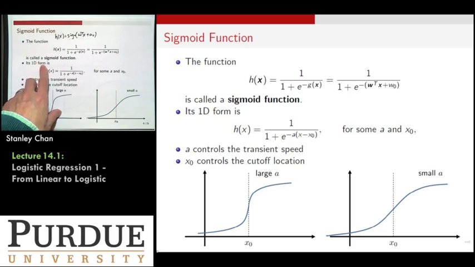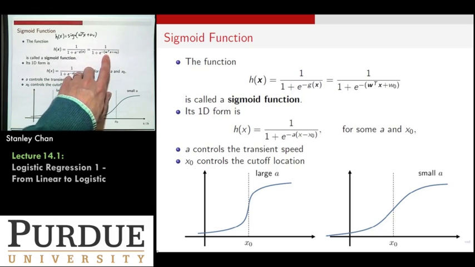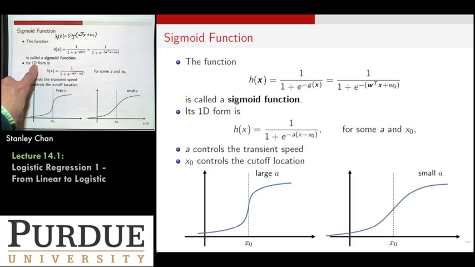The 1D form of this function takes this expression: 1 over 1 plus e to the power minus a times (x minus x0). So you reduce this high-dimensional vector to a 1D problem, and w transpose x plus w0 in high dimension translates to this form in 1D. We can look at this form and see what it means.